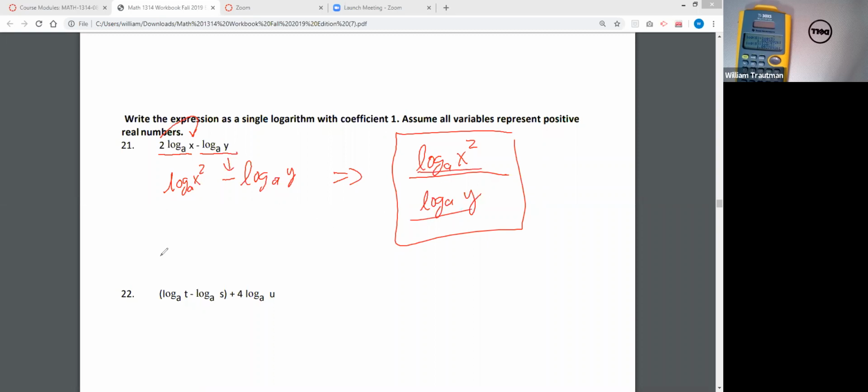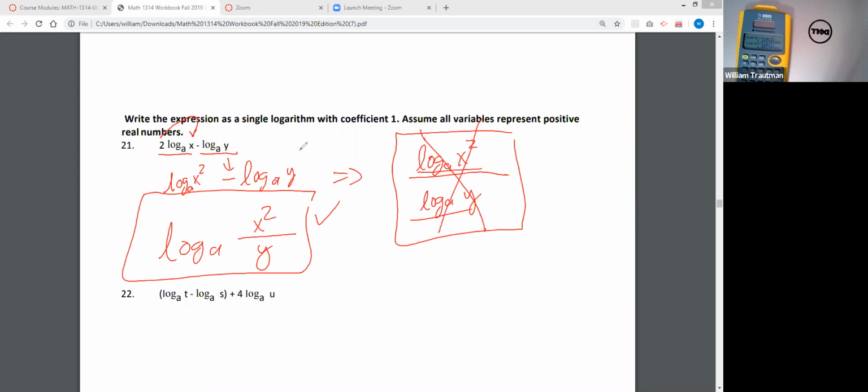It's the same thing as writing log a and then a fraction. The x squared comes on top and the y goes on the bottom. So this is the correct way of writing it. It's the same thing, but they want it as a single log. So log a with a fraction, and it's a fraction because of subtraction. Subtraction means fraction. Log base a of x squared over y.